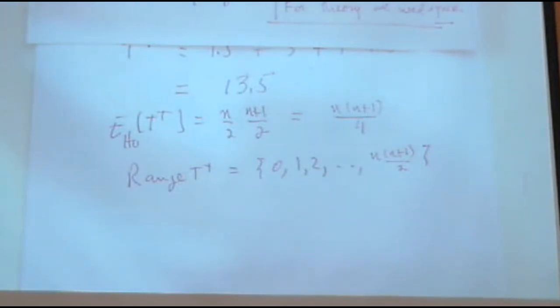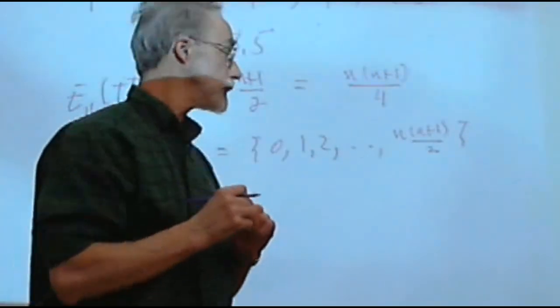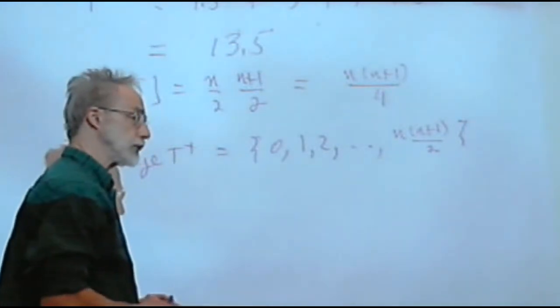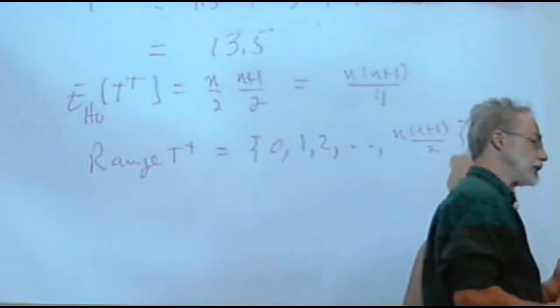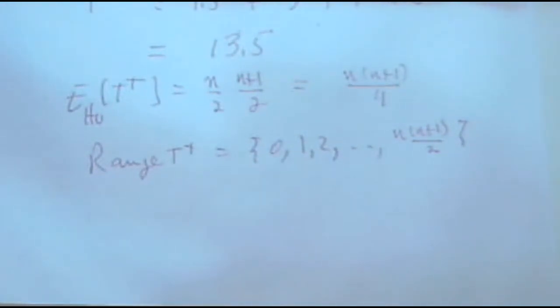So in the binomial table, if n is 10, you'll have 11 values in the range of the distribution. For T plus, you'll have 55. It's much denser.